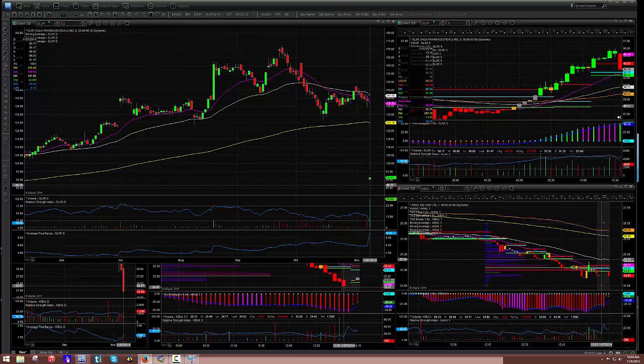Dead cat bounces can happen for different reasons, fundamental or technical. After something's been in a decline for a while, shorts might start to cover and take profits, and other investors might be watching this temporary buying action in the stock price, and it might trigger them to enter a long position. And so what you get is a small bounce in price, followed by continuation of the downtrend.